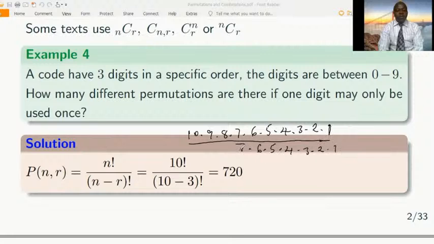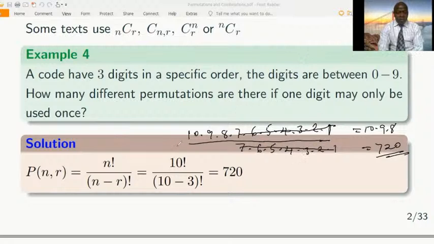You can see that this denominator would cancel with this part of the numerator, and what we are left with is 10 times 9 times 8, which is 720. So this is how we do it.